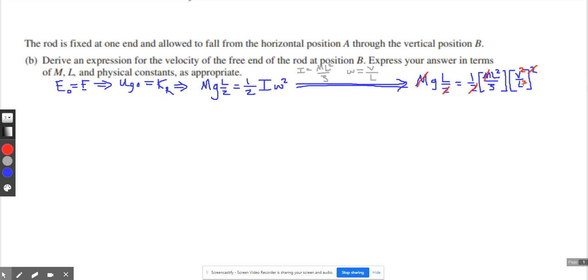So we can get rid of some of this stuff, and we can rewrite in our final answer for V. This is kind of messy, so I'm just going to rewrite it again and see what I have. I'm left with all this stuff, and I isolate for V, and I get V is equal to the square root of 3GL. So there's our answer for that particular part.